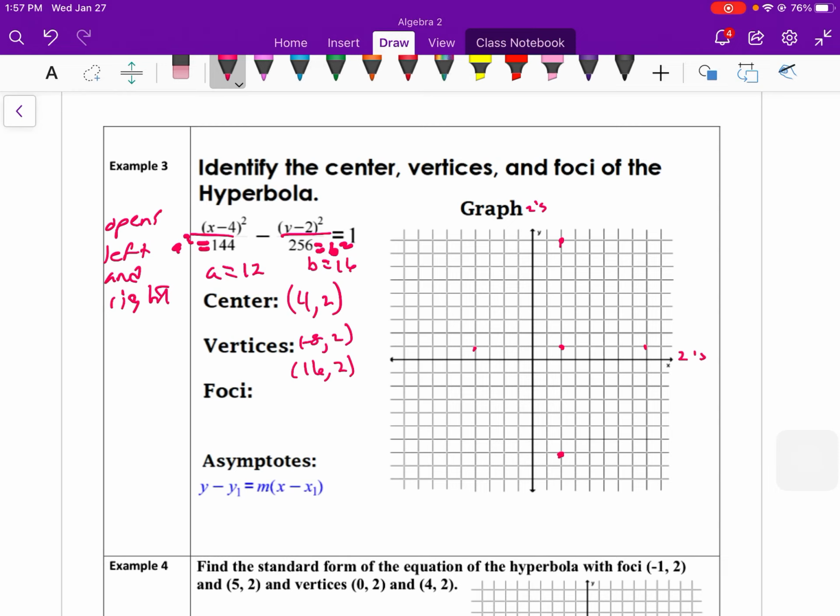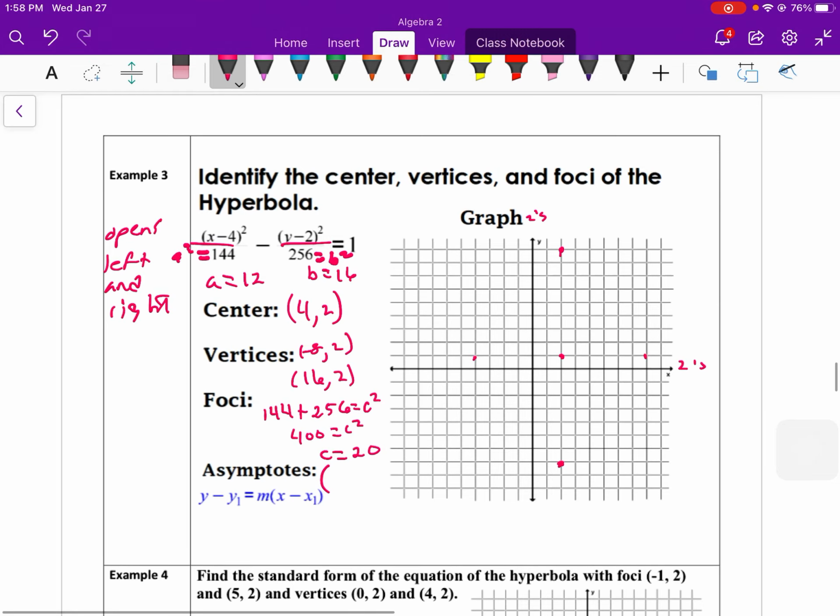The foci: a squared plus b squared equals c squared. When you add those together, you get 400 equals c squared, and then c will be 20. So the focal points are on the x-axis because it opens left and right. So we're going to shift plus or minus 20 from the center.